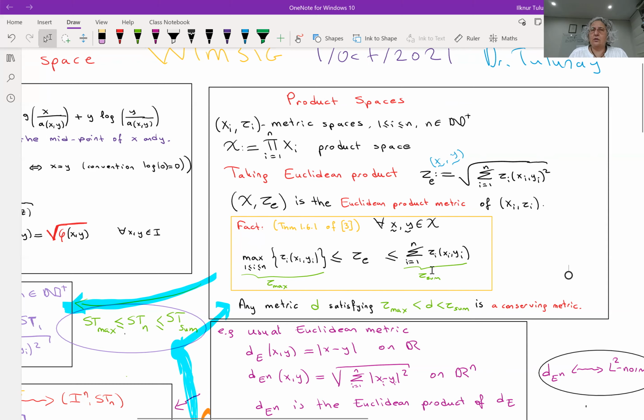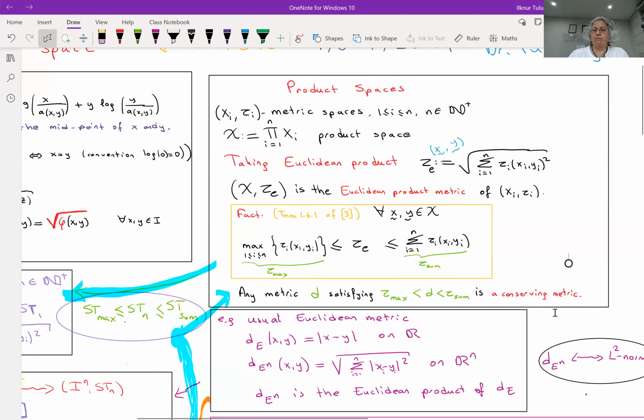Also, Ćirić defines a conserving metric. A conserving metric is any metric satisfying this condition. So in his book, Metric Spaces, the conserving metric is an important concept and it has great usage. Now let's have a look at an example of this.